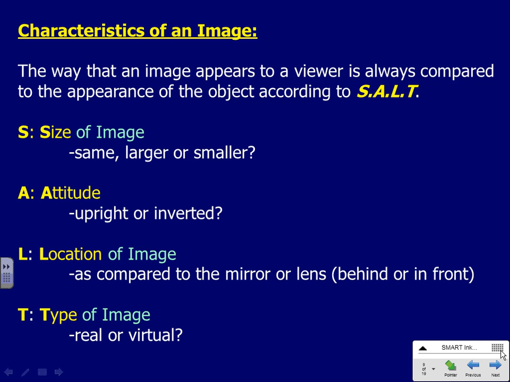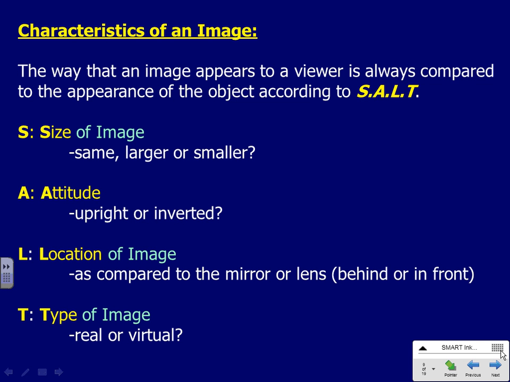Is it right side up, the same, upright, or is it inverted? This is not a difficult question here. What is it? Megan, what is it? It's upright. When you look at yourself in a plane mirror in the morning, you should see yourself upright just like you are, unless you're with a spoon. And we'll get to that when we get to curved reflectors. That'll be tomorrow.